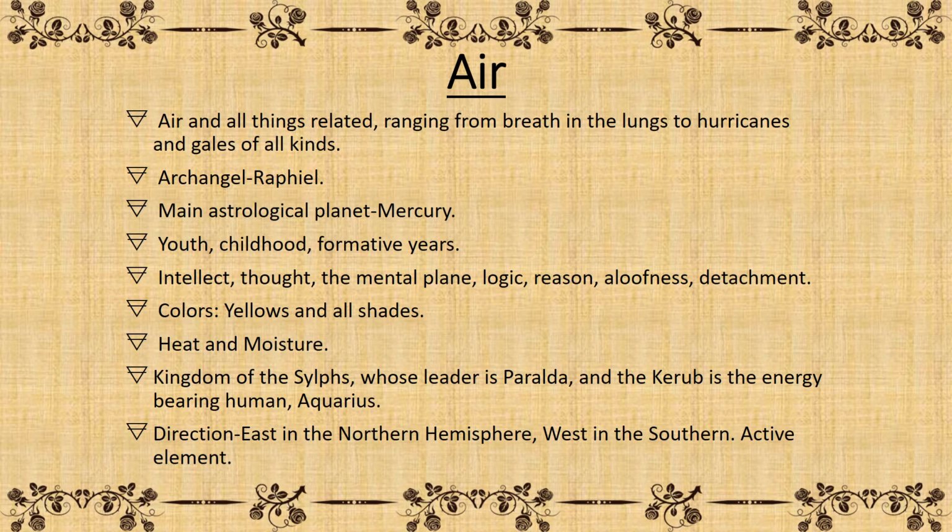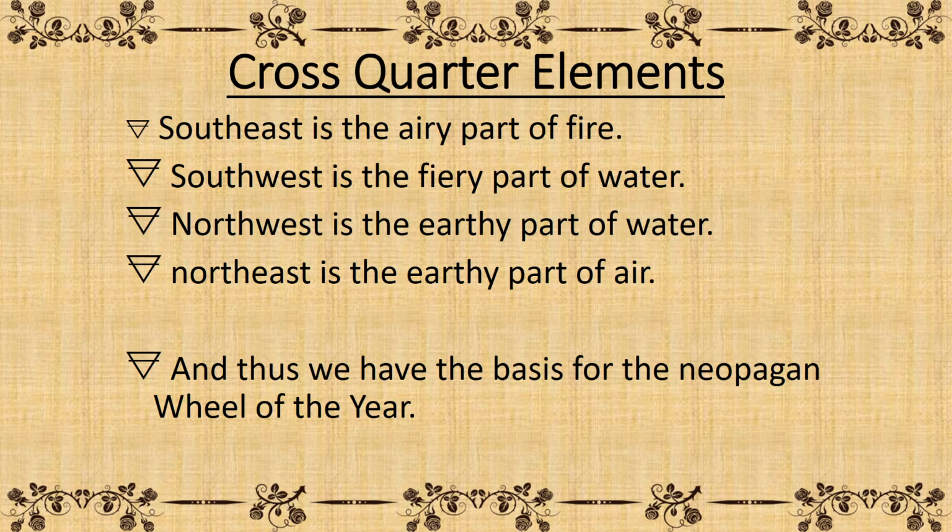Now, in addition to those four elements, there's also cross-quarter elements. So you can pretty much see what these are from the couple of typos on the screen and what I have to say.